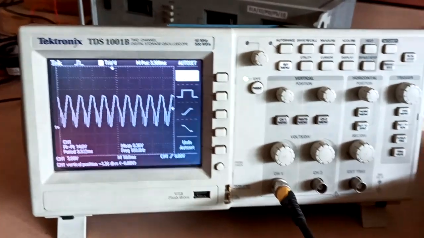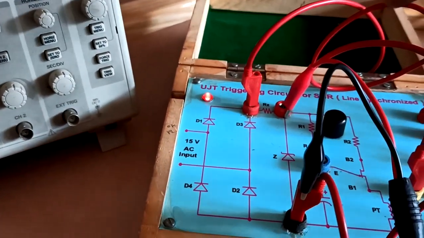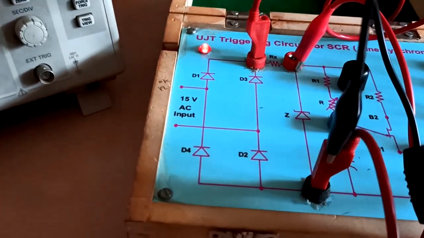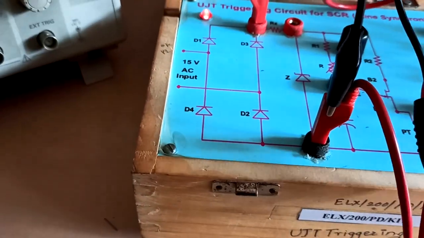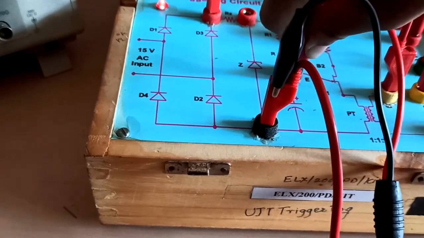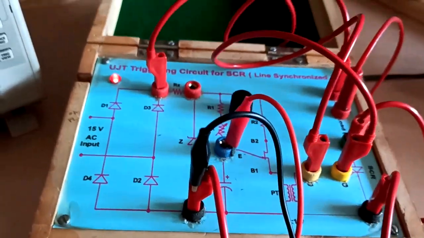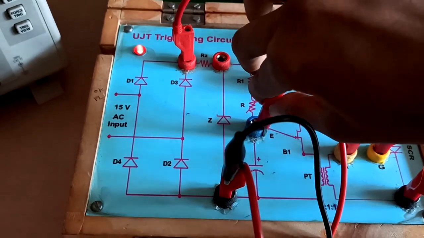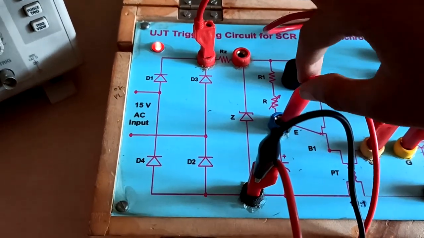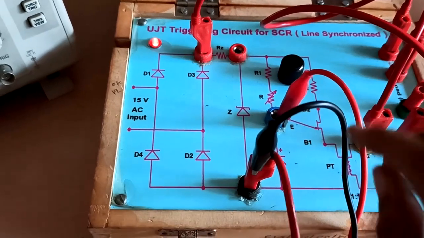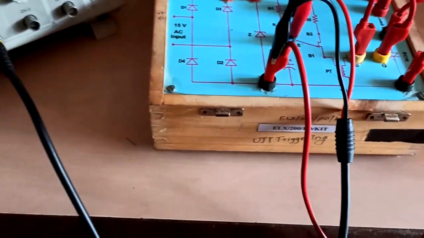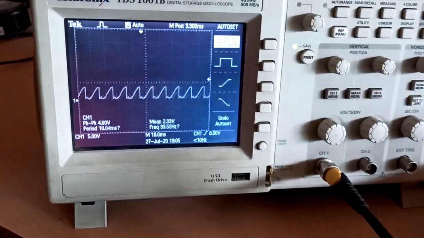This output voltage of the bridge rectifier will be passed through the Zener diode. So now I am connecting here. This is the output of the Zener diode. This is given to the relaxation oscillator, and here we can see the capacitor charging and discharging time.